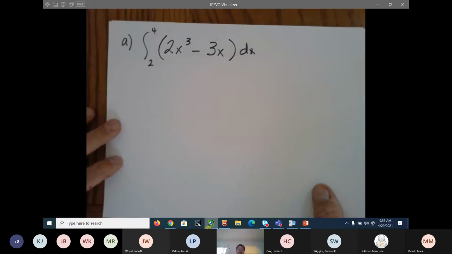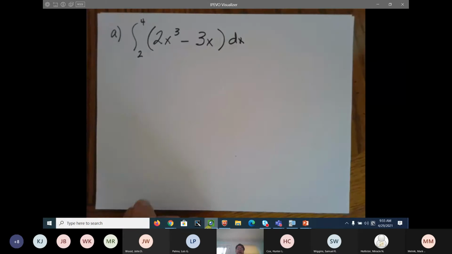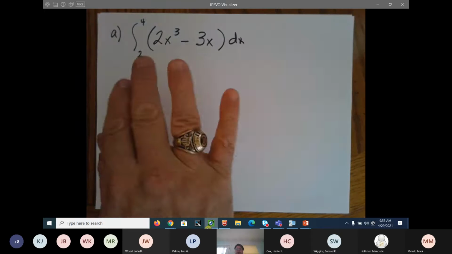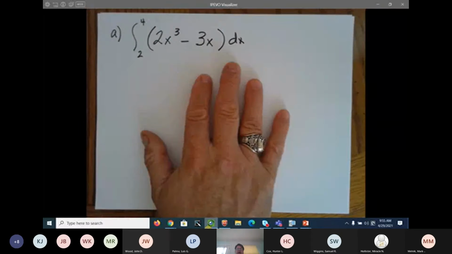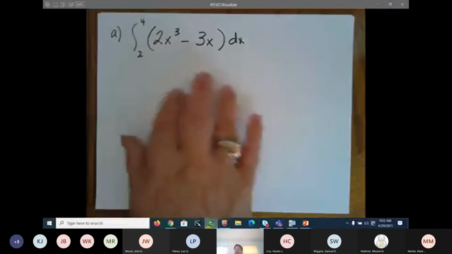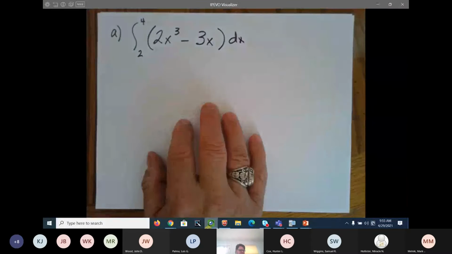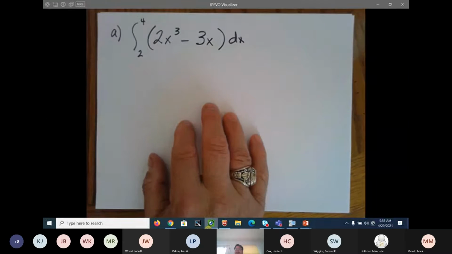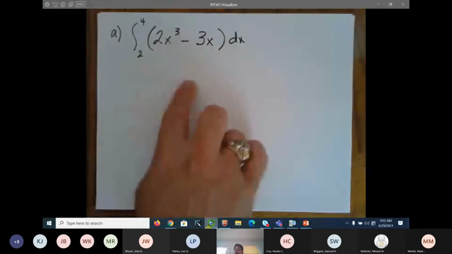Now, I'm going to show you the simple way to do this. It might have extra steps for those people that invented calculus. Those people that think they know everything, you're not going to do as many steps as I am, but I'm not here to teach those that know everything. I'm here to teach those that suck at it. So I'm going to write every step.